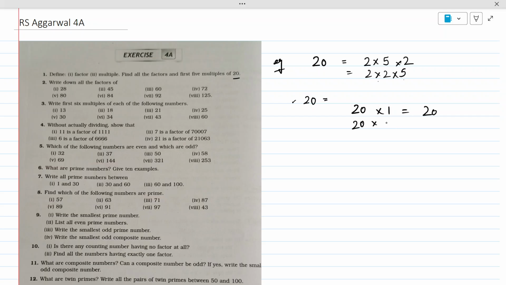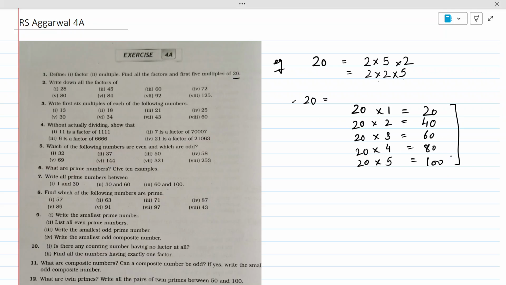Next, 20 multiplied by 2 gives us 40. 20 multiplied by 3 is 60. 20 multiplied by 4 is 80, and 20 multiplied by 5 gives us 100. So these are the first 5 multiples of 20 which are being asked.